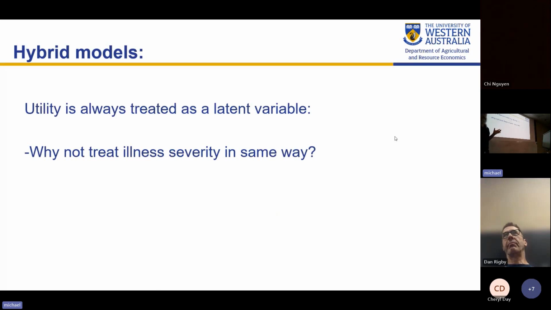So we're quite comfortable with assuming that behavior is driven by these unobservable things, and then we have some sort of proxy for them. In the utility framework, the proxy is that we understand what their utility is by their choices; we infer something about utility from what they choose. So why not treat illness severity in the same way?